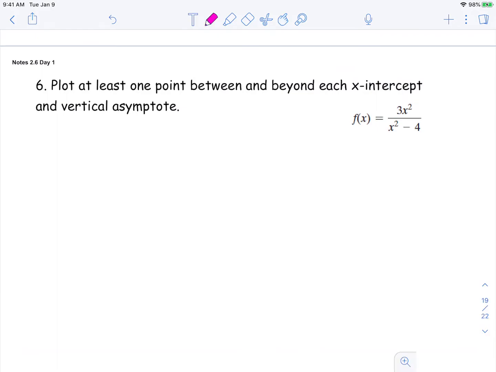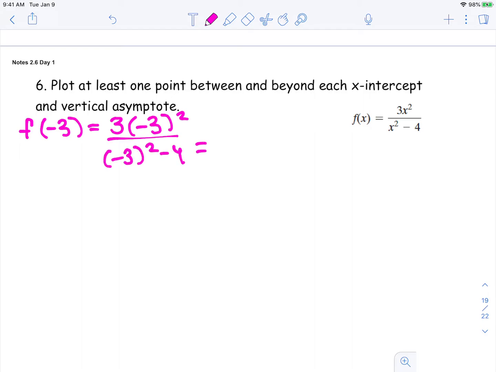So I'm going to start off with f of negative 3. And when you're done, you're going to get 27 fifths.